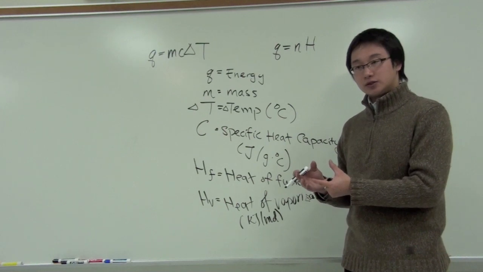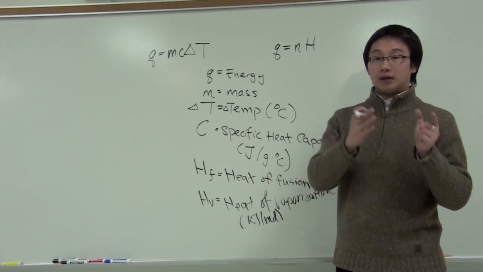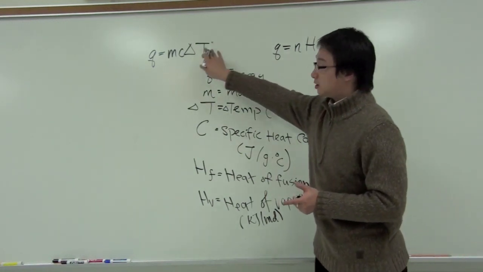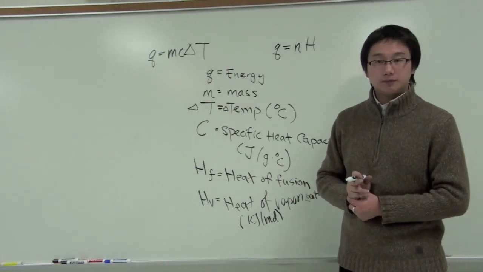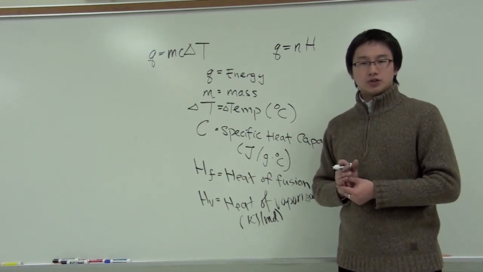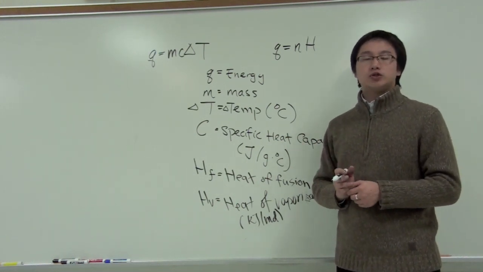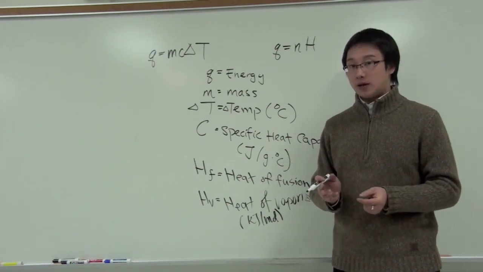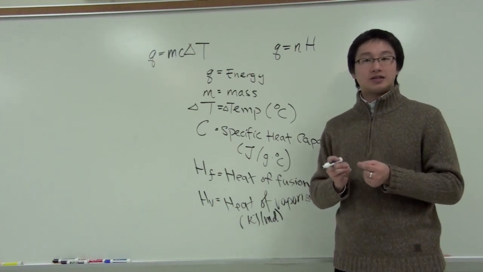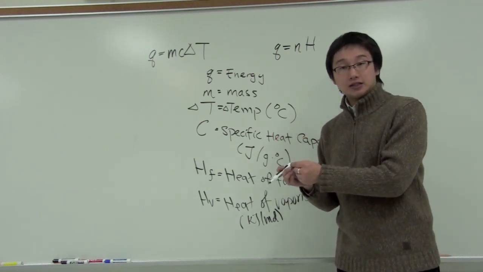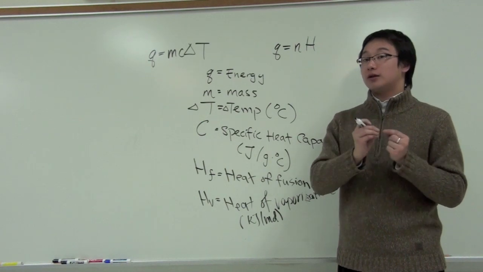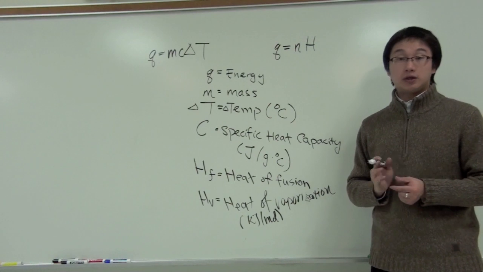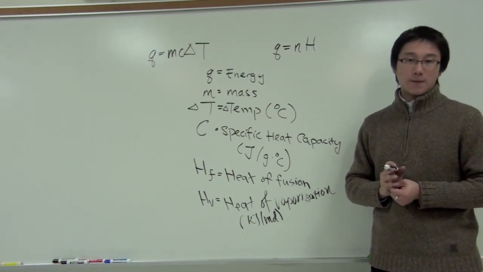If we have a substance that remains at the same state from the beginning till the end, and the only change is the temperature, we will use this equation, Q = mcΔT. If there's a substance that changes its state without changing its temperature, then we use this equation, Q = nH. Okay?